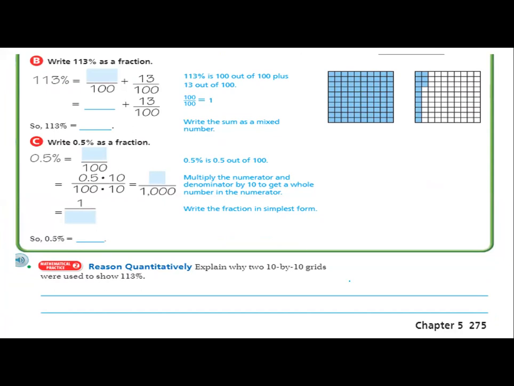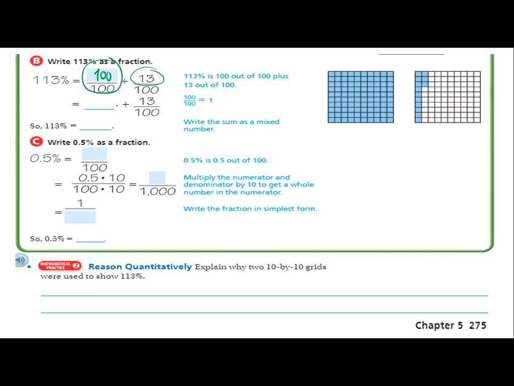Answer this question quickly. That's right. 113 equals 100 plus 13. Both have 100 in the denominators. So 100 over 100 equals what?